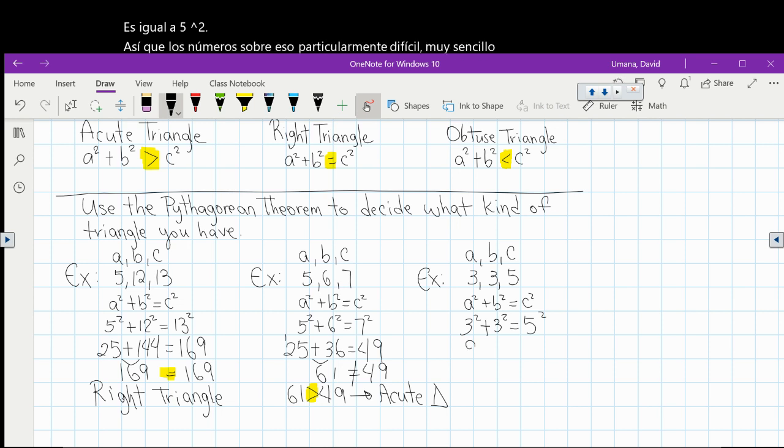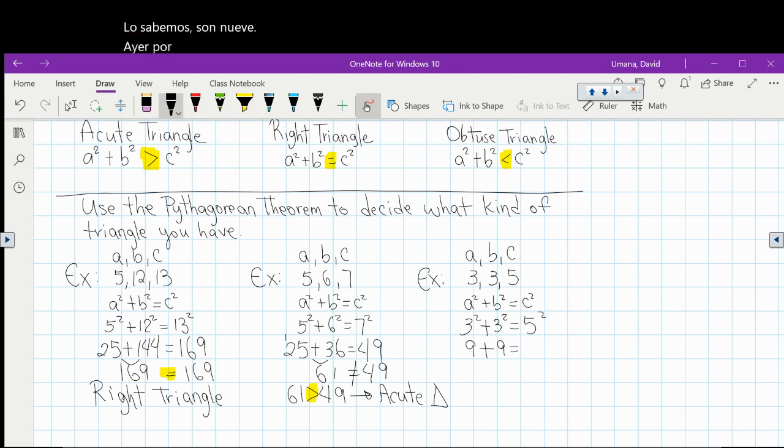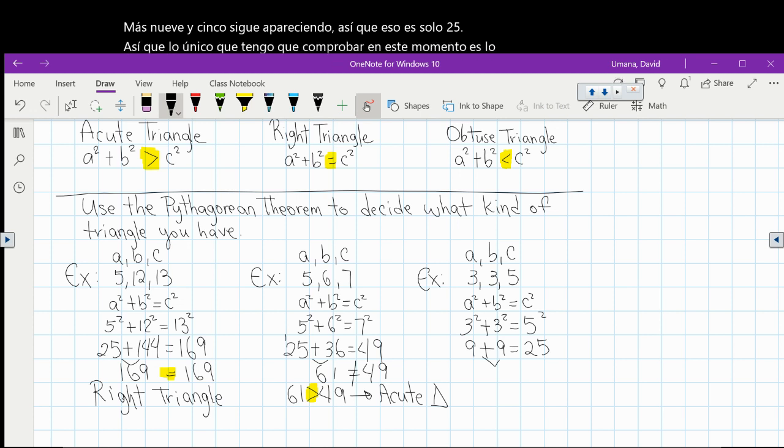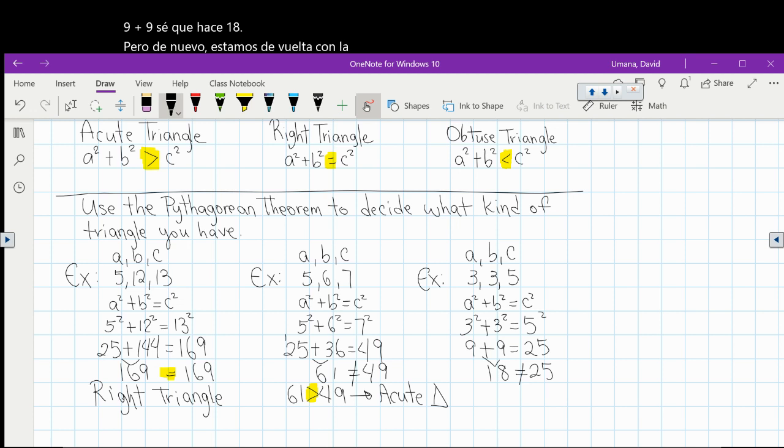We know that's 9 plus 9. And 5 keeps coming up, so that's just 25. So the only thing I have to check for right now is what makes 9 plus 9. So 9 plus 9, I know, makes 18. But again, we're right back at the same situation. This is not equal to 25.